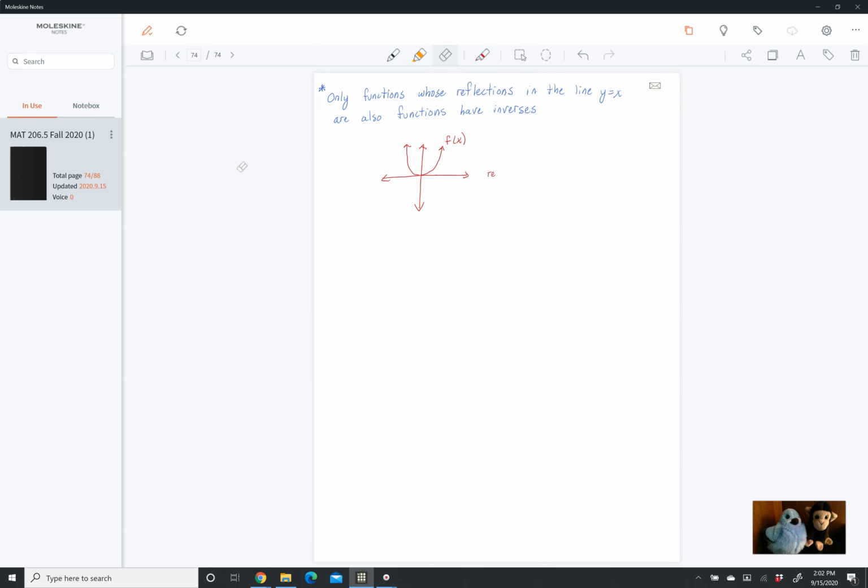Its reflection in y equals x looks as follows. So don't forget to label your axes. This is its reflection. This is not a function.